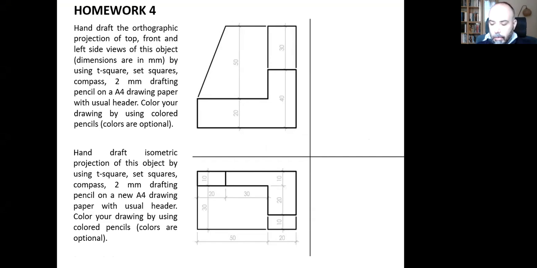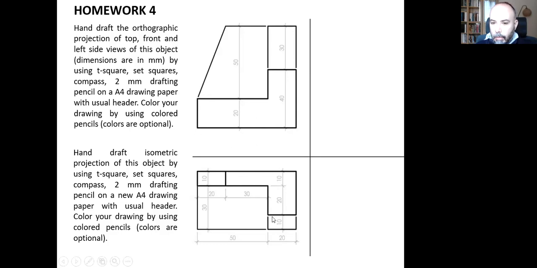Of course, you need to do the solution right and be careful about the quality of your drawing, lettering, and coloring as usual. In order to do this, first we need to discover the object, try to understand, figure out how this object looks like in its 3D form, in its original form, by using just only the top view and the front view.